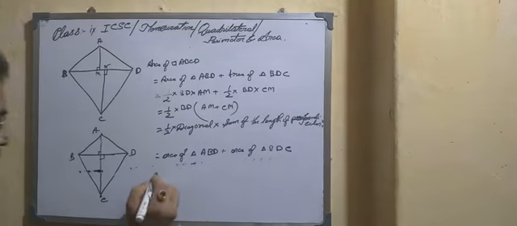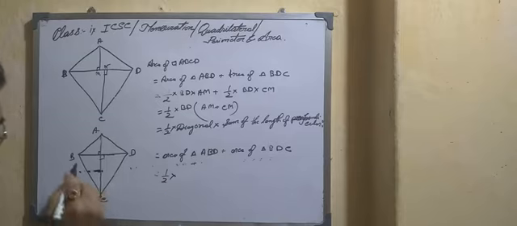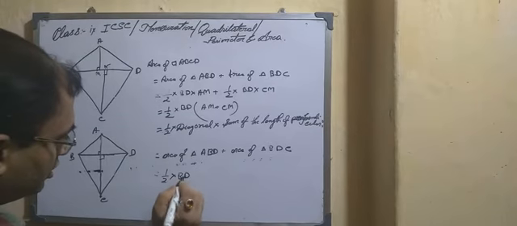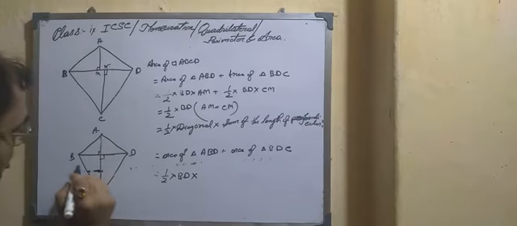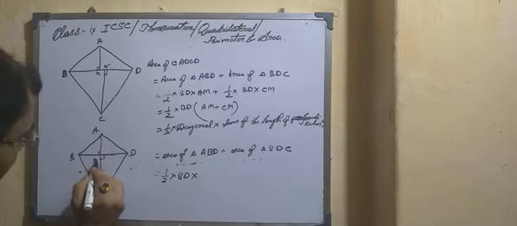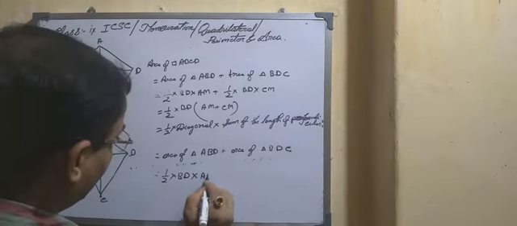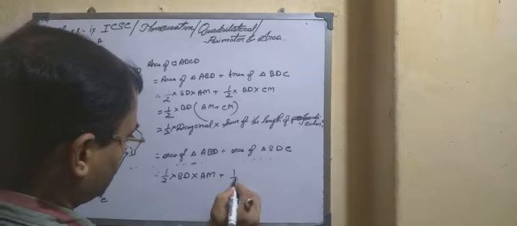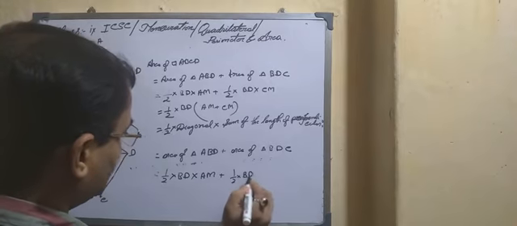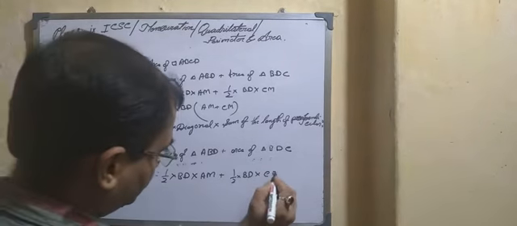plus area of triangle BDC. Now half into base BD into AM, where M is the point of intersection, plus half into BD into CM.